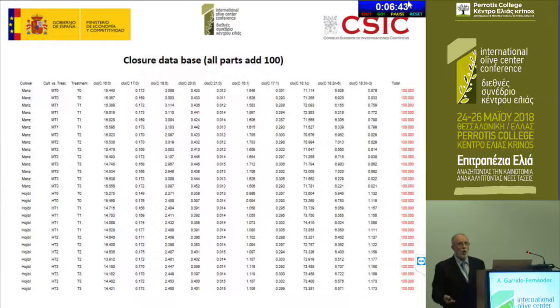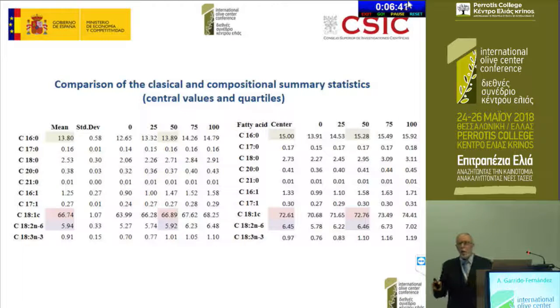Well, as I told you, the statistic is different to any other one. For example, means have no meaning in this new statistic. The standard deviation, the same. But instead we have new statistics. For example, the central tendency is measured by the center.